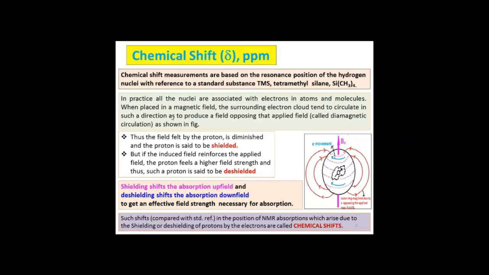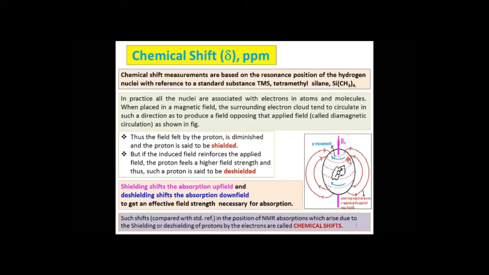When they are placed in a magnetic field, the surrounding electron cloud tends to circulate in a direction so as to oppose the applied magnetic field, and that is said to be the diamagnetic circulation. In addition to that, we also get the paramagnetic circulation.